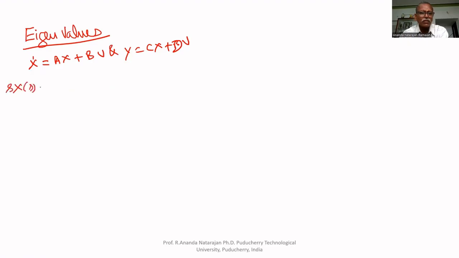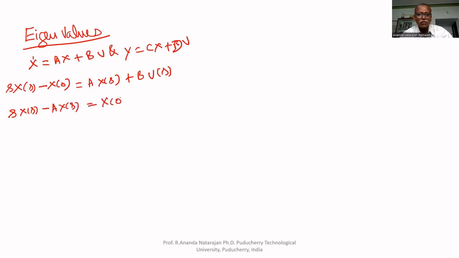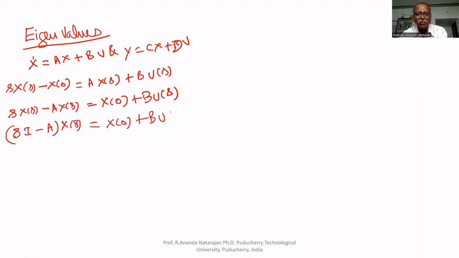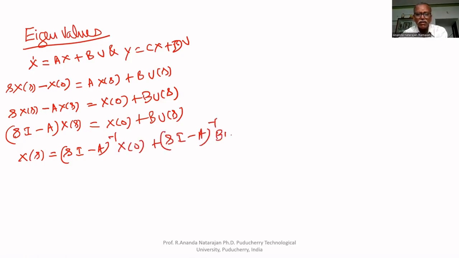S X of S minus X of 0 equal to A X of S plus B U of S. So it can also be written as S X of S minus A X of S equal to X of 0 plus B U of S, or (SI minus A) X of S equal to X of 0 plus B U of S. Multiply on both sides by (SI minus A) inverse, and you will get X of S equal to (SI minus A) inverse X of 0 plus (SI minus A) inverse B U of S.